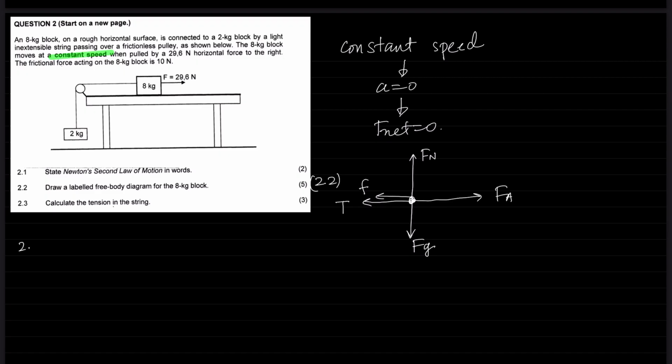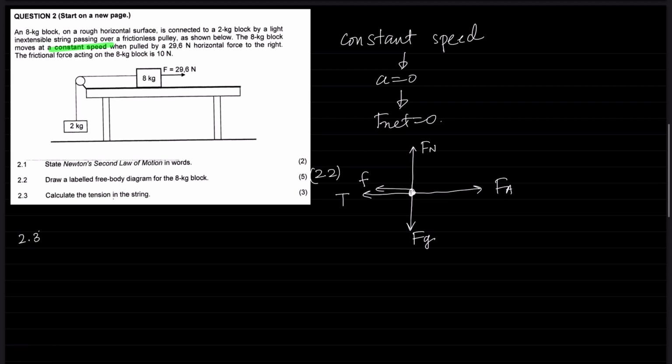Question 2.3, calculate the tension in the string. Since the object is not moving up or down, we just need to consider the forces going left and right. Now we can say that F net equals MA, and just remember, we're focusing on the 8 kilogram block. If we choose right as positive, we're going to have FA minus friction minus tension equal to 0.